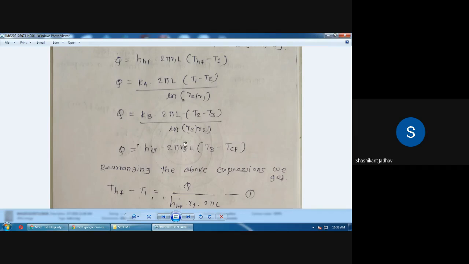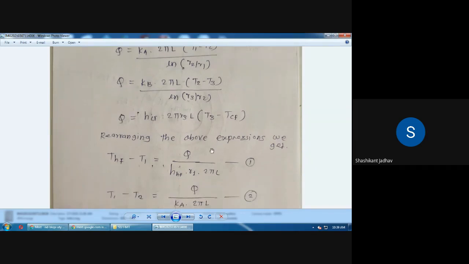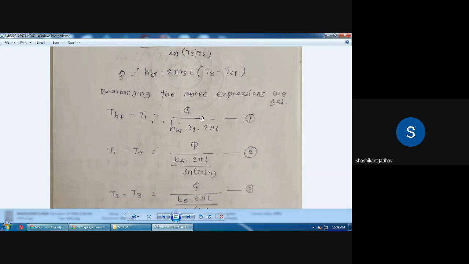Okay, so rearranging the above expressions we get, write down, rearranging the above expressions we get. So from these four equations we have to write down the equations for the temperature difference. Okay, so all of you write down this temperature difference equation.